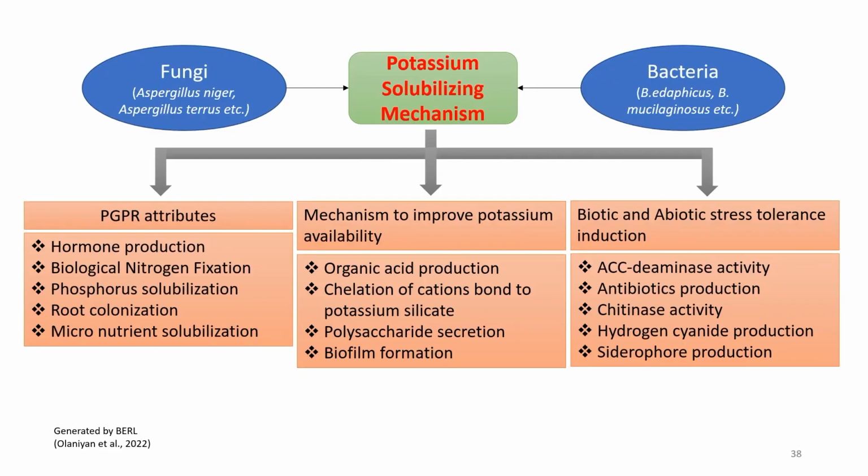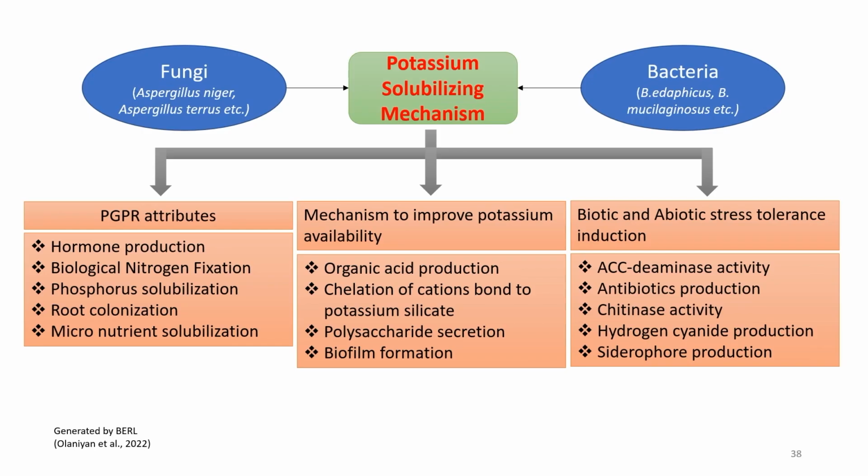So, we have fungi and bacteria which can solubilize potassium, and there are different mechanisms. One is the PGPR attributes, where there is hormone production, biological nitrogen fixation, phosphorus solubilization, root colonization and micronutrient solubilization.